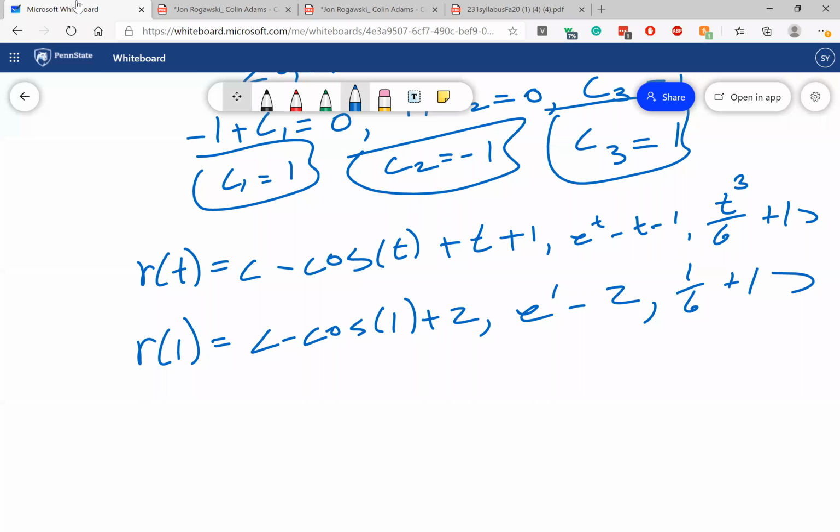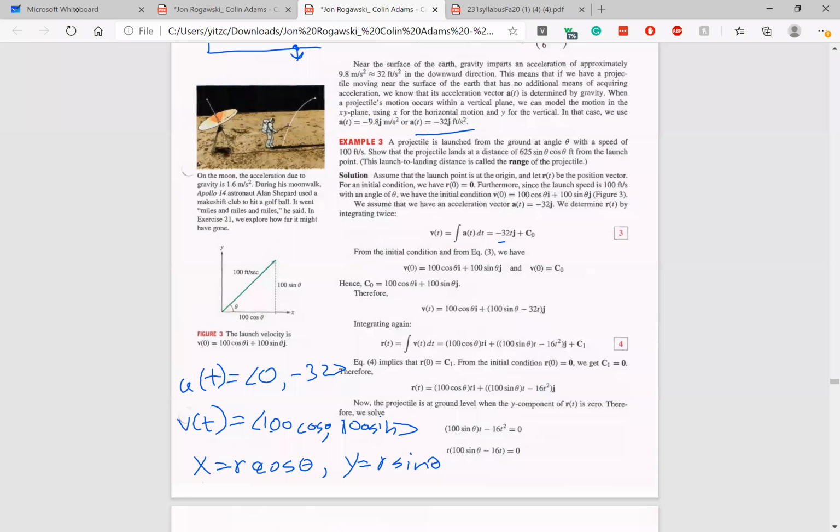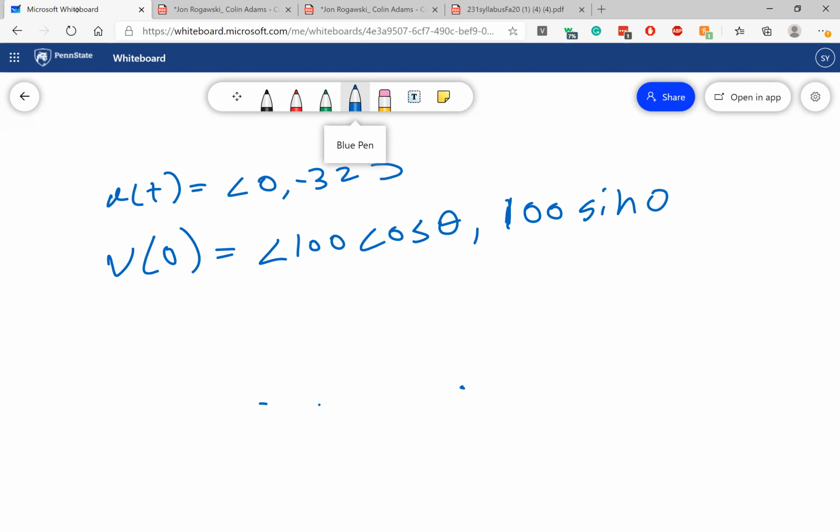So let's just rewrite some of this. So our acceleration is going to be 0 and negative 32. And our velocity at time 0 is going to be 100 cosine of the angle at which we throw this thing, 100 sine of the angle at which we throw this thing. So we're standing over here on the ground.